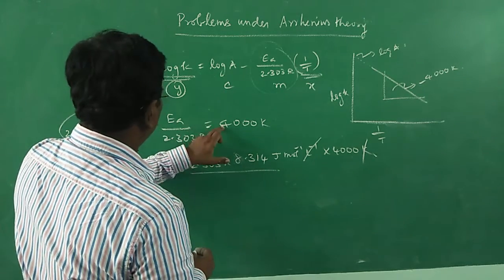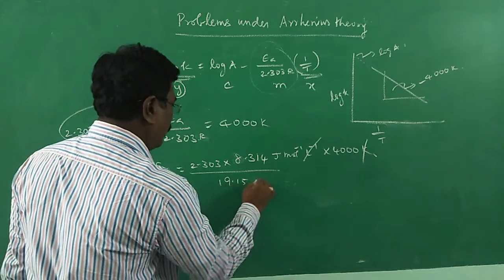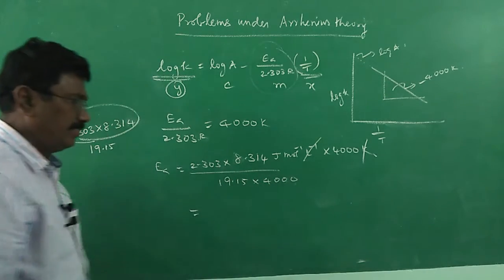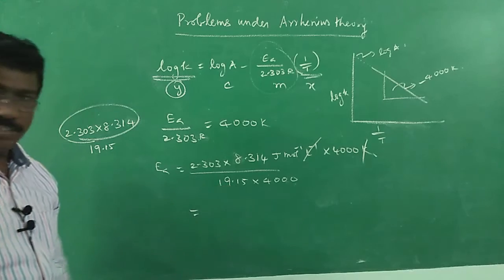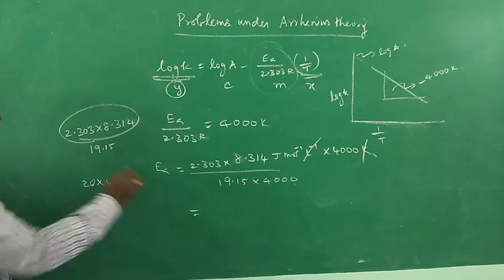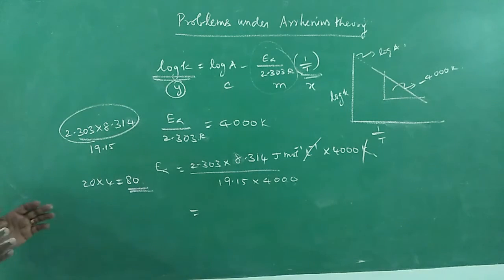Ea by 2.303 R, Ea is equal to 19.15 into 4000. How to multiply this may be a little bit difficult. 20 into 4, do you know 20 into 4? 80. This is how the old ladies selling in the market calculate.